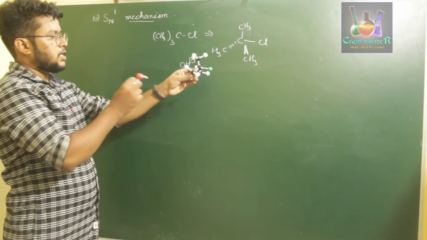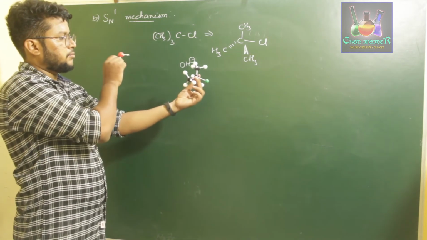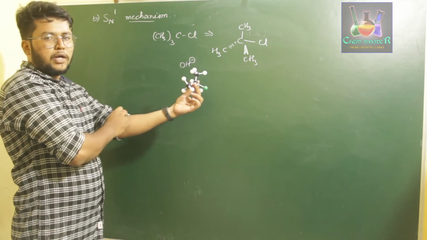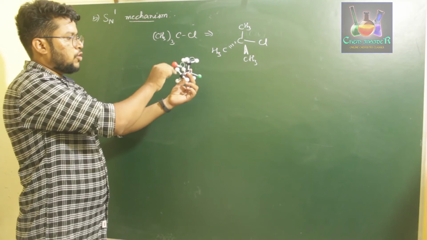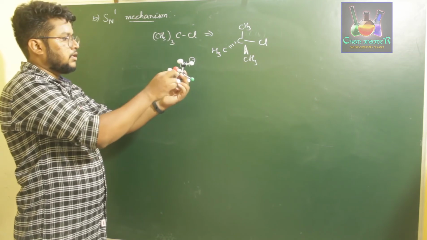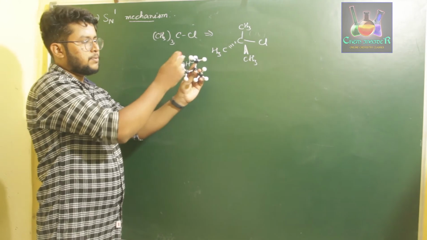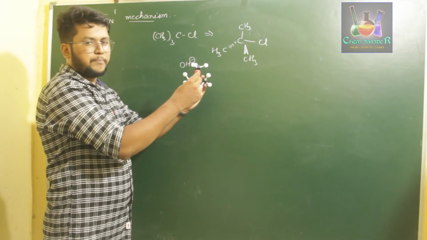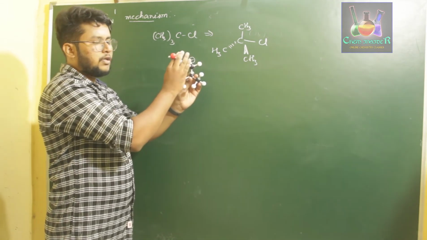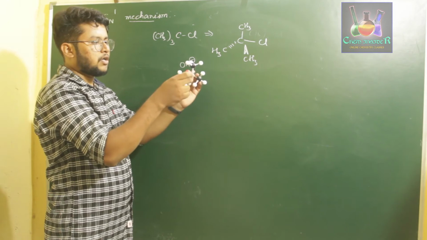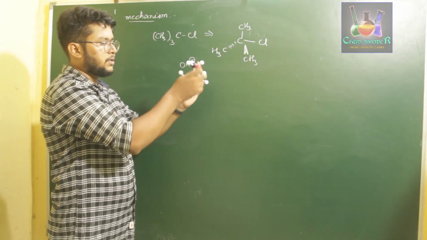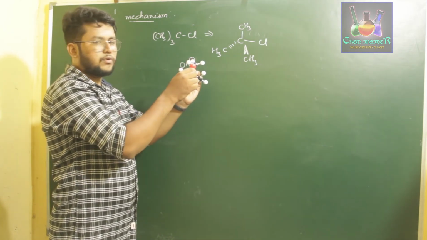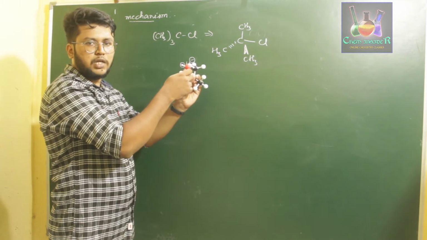When it starts to attack from the opposite side, the three methyl groups bonded with the carbon atom create a shielding effect. That is, they create a cloud which resists the attack of the OH minus ion from the opposite side of the leaving group.